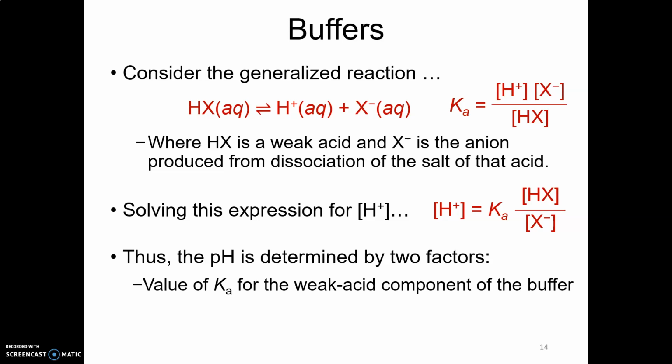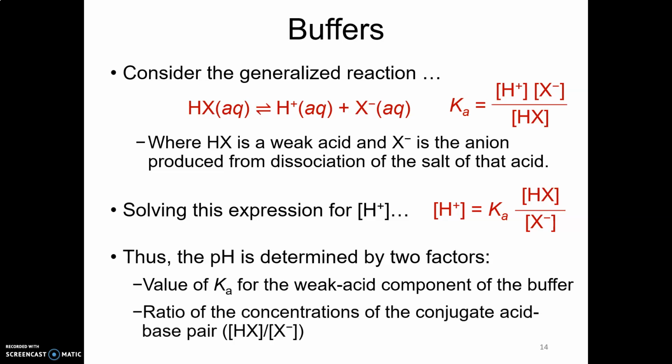And then the other thing that it depends upon is that fraction, the fractional amount between the concentrations of the acid and the base. So this is what's going to determine the concentration of the proton, which will then determine what the pH is, right? Because pH is the negative log of the concentration of the proton.